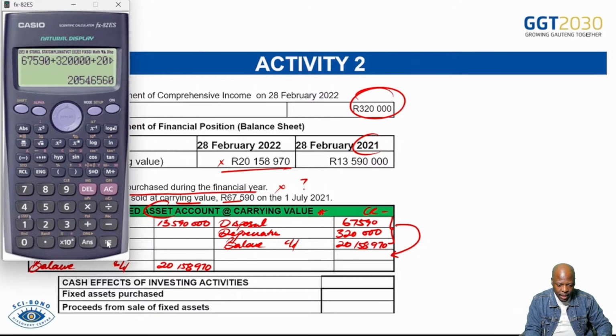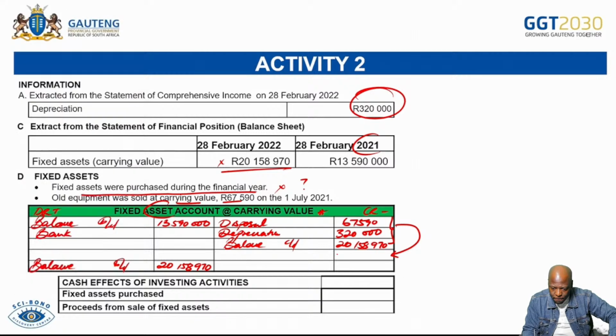And then that's going to give me 20,546,560.